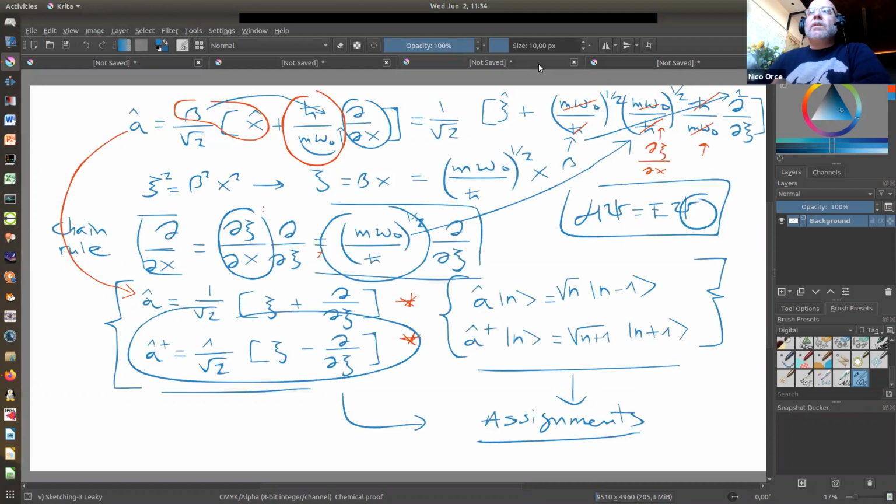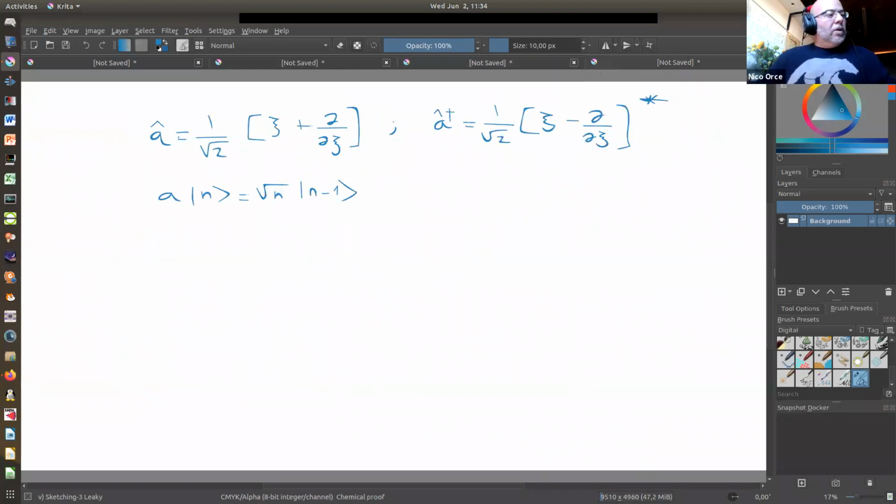And we are going to apply also that the creation operator, operating on an eigenfunction, on a wave function, is equal to the square root of n plus 1 times the state n plus 1.